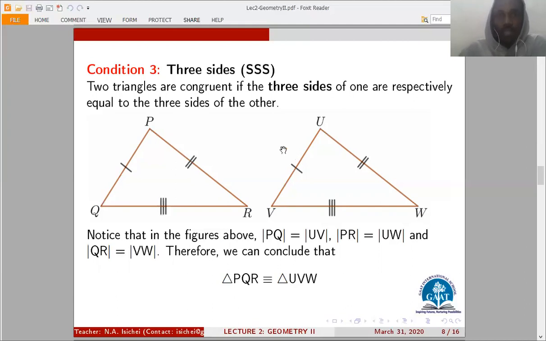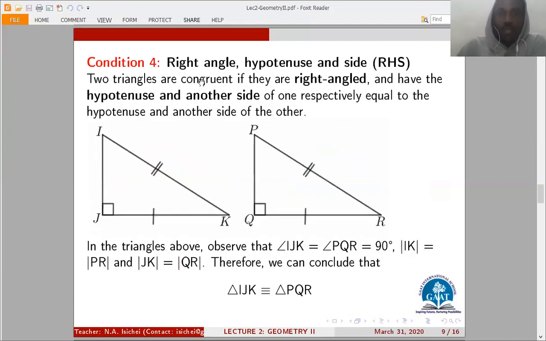Next, finally, this is the last but not the least. Right-angled, hypotenuse and side is known as RHS. Two triangles are congruent if they are right-angled, first condition, and have the hypotenuse and one other side of one respectively equal to the hypotenuse and the other side of the other.